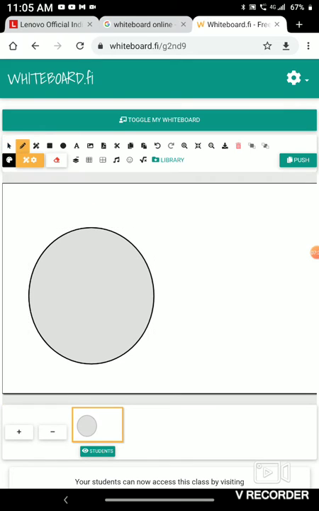Now I will cut a line over here. There is no line option, so I have to draw it.